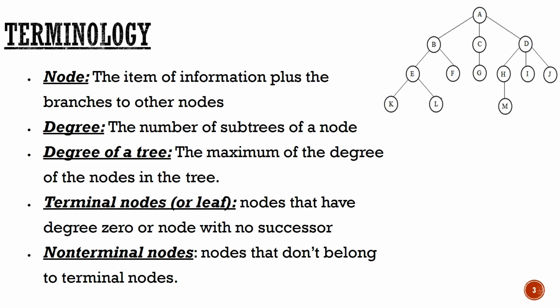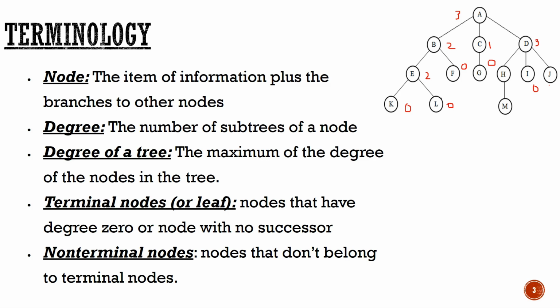Okay. So now when we go for this representation, let me write the degrees again. Degree of A is 3, degree of B is 2, degree of E is 2, degree of K is 0, degree of L is 0, degree of F is 0, degree of C is 1, degree of G is 0, degree of D is 3, degree of H is 1, degree of I is 0.